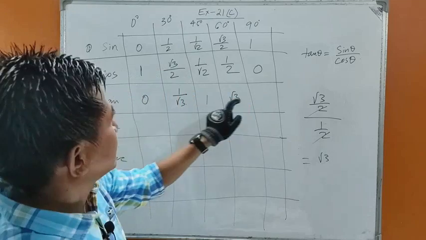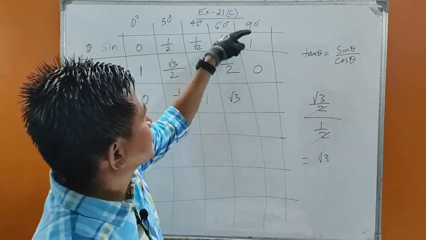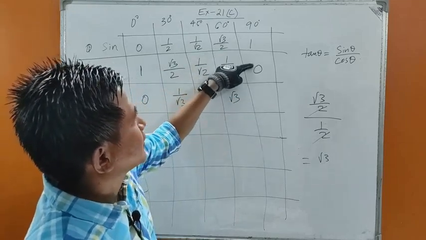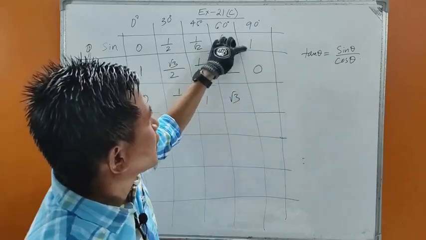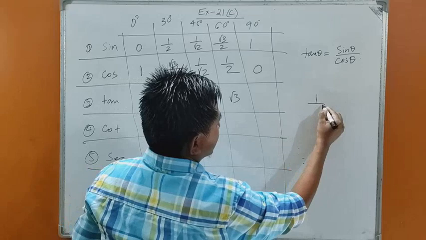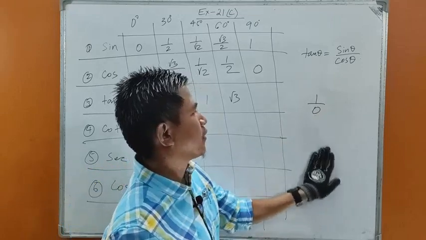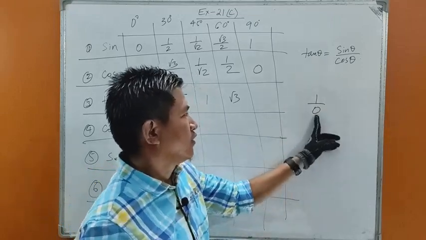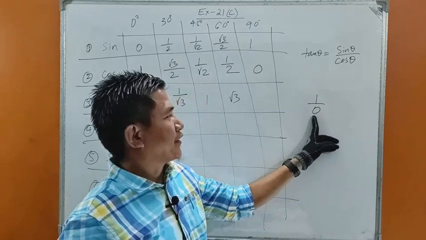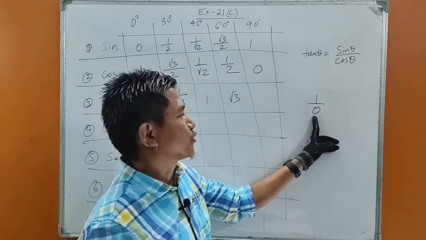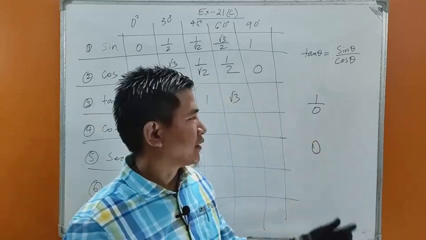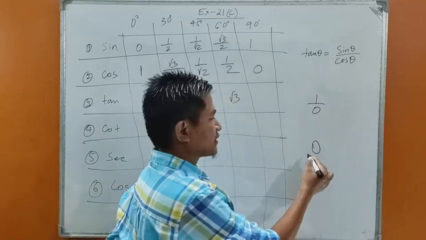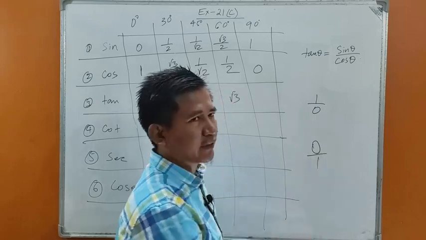Now comes tan 90 degree. Tan 90 means sin 90 by cos 90, isn't it? Because tan theta is sin theta by cos theta. So 1 upon 0. Now in the denominator you can see there is 0, isn't it? So if I write any number, even if I write 0, we should understand there is always 1 in the denominator.